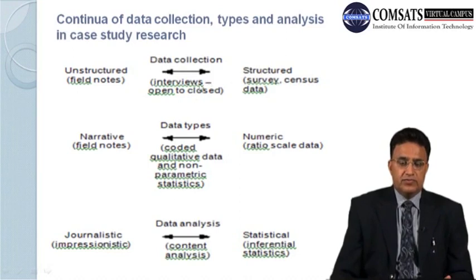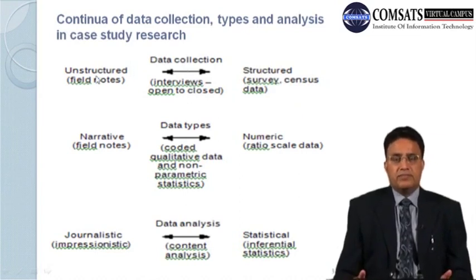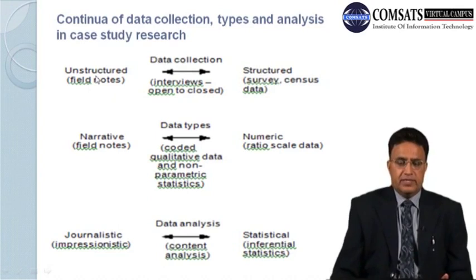So there could be interviews, open to closed. If it is an open one, that would be unstructured, and if it is very closed, it would be structured. In data collection, your approach decides what type of case studies there would be. Then data types. It would be coded, qualitative data, and non-parametric statistics.